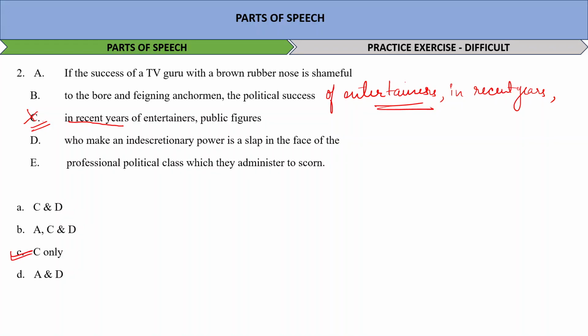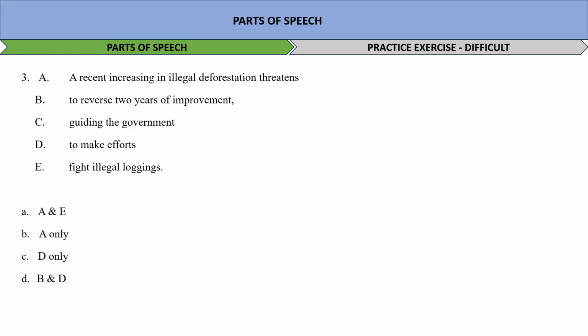Okay, moving ahead to question number 3. A recent increasing in illegal deforestation threatens to reverse 2 years of improvement, guiding the government to make efforts fight illegal lodgings. I think the moment you read the statement, you get to know where the error is. First of all, why should it be increasing?